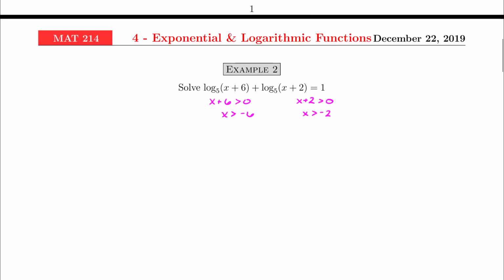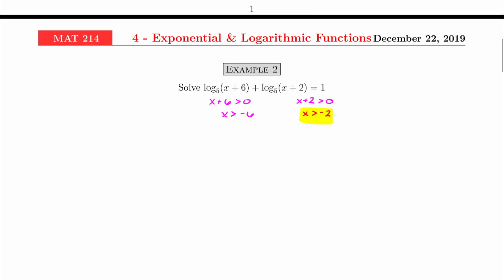The larger of the two values always takes precedence. It defines the domain. Since x greater than negative 2 is the larger of the two values, the domain for this entire expression has to be any x values greater than negative 2. Now we can proceed with solving this.